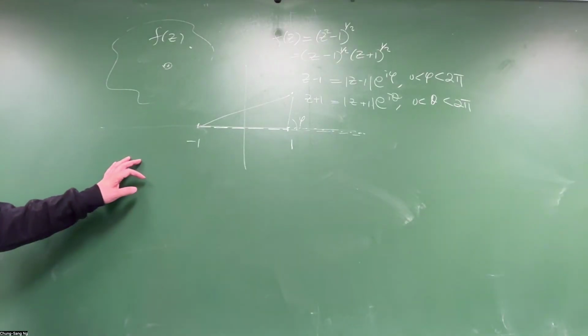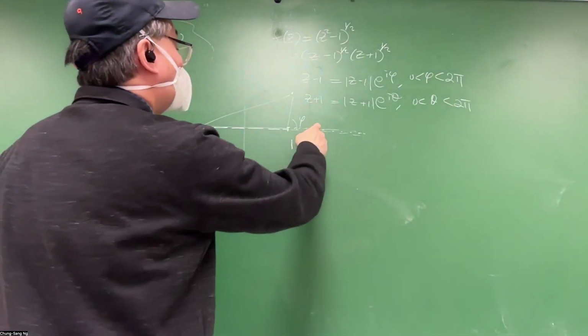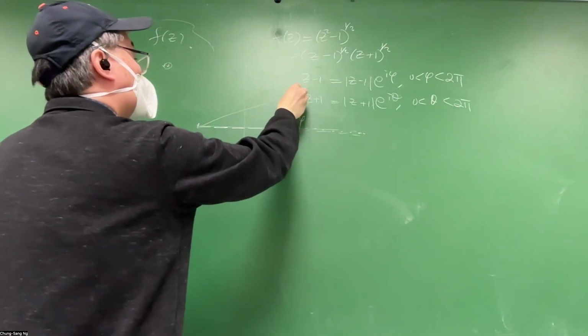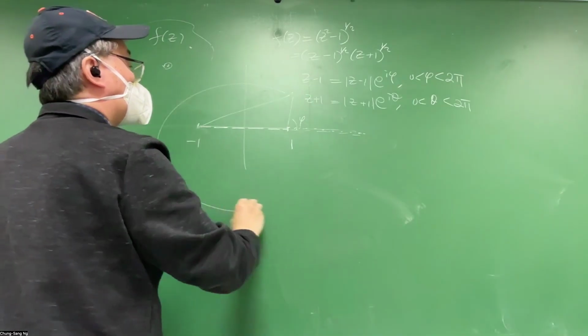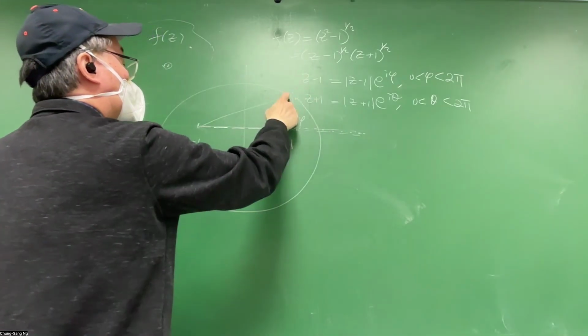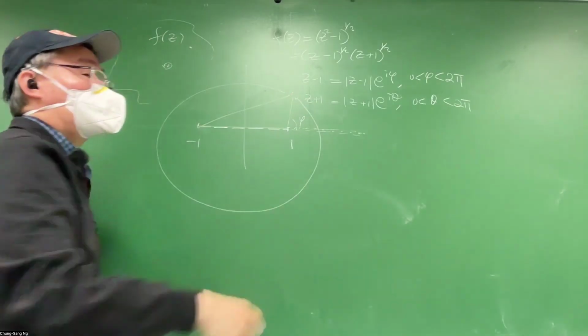So everything just works as before, but the idea is if you go around the whole branch cut from minus 1 to 1, so go around a loop to here, you don't get to another branch.